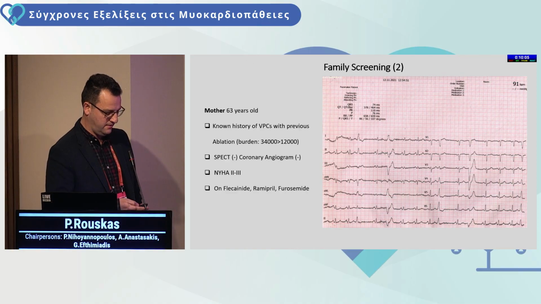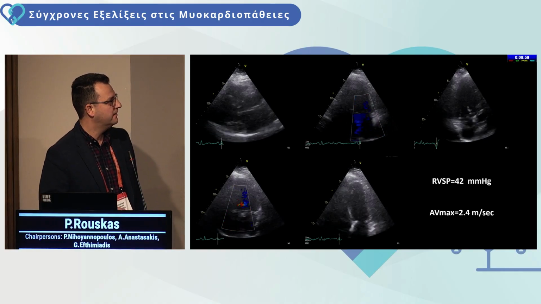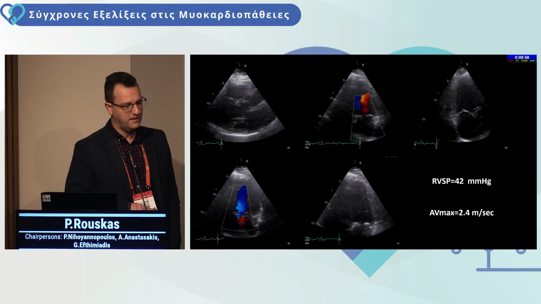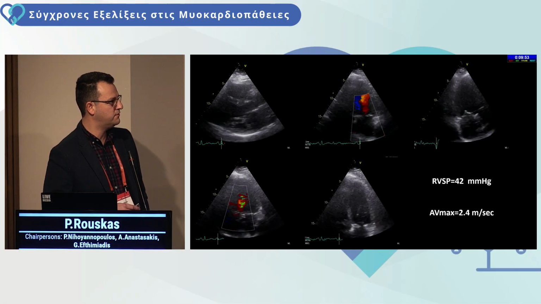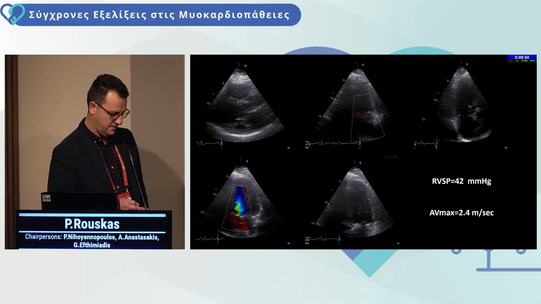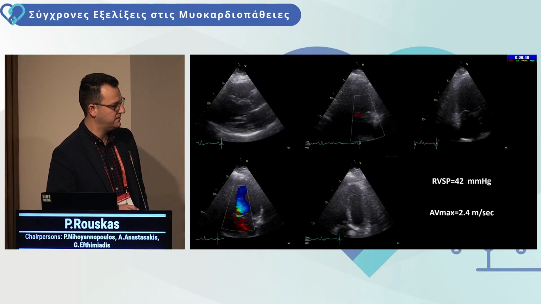You can see here the multiple ectopics on the surface ECG. An echo showed preserved LV systolic function, mildly increased right ventricular systolic pressure, moderate MR, and mild aortic valve disease.